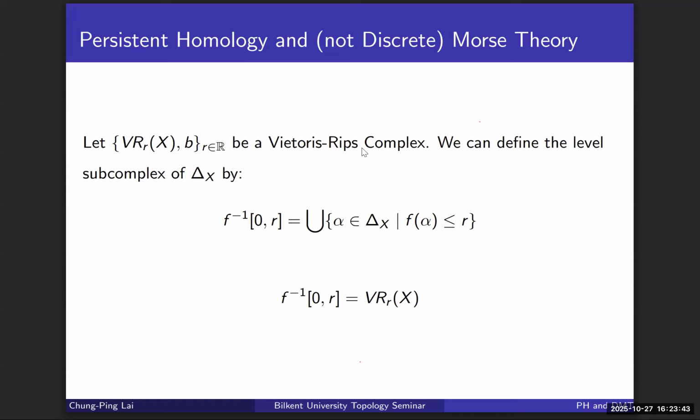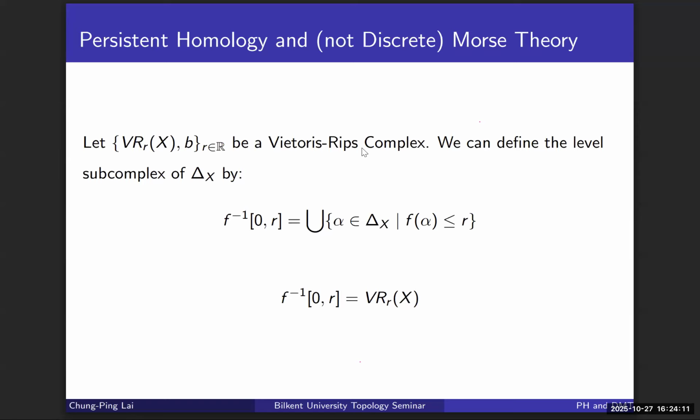Because the sublevel set is something that is studied extensively in both discrete Morse theory and smooth Morse theory, there is this inherent relation between Morse theory and persistent homology, which is actually different from what I have been talking about all along.